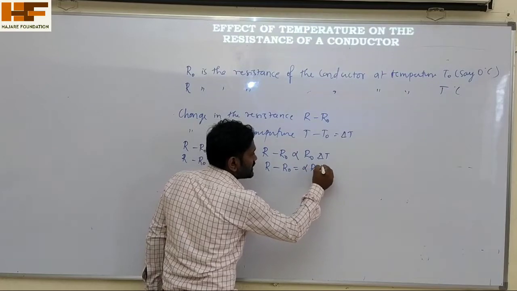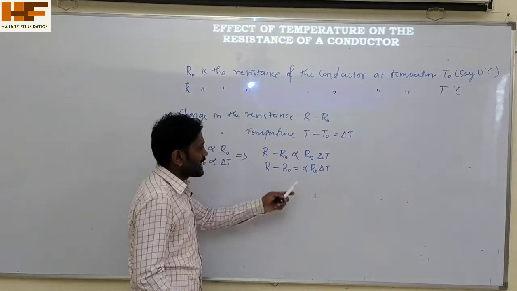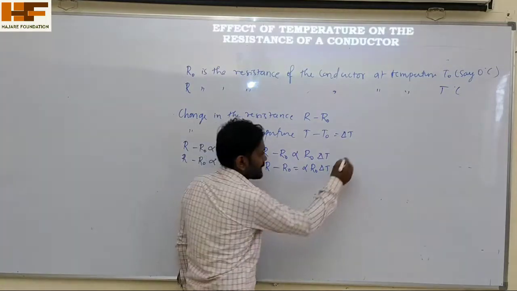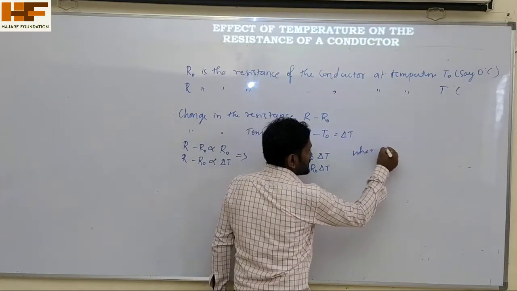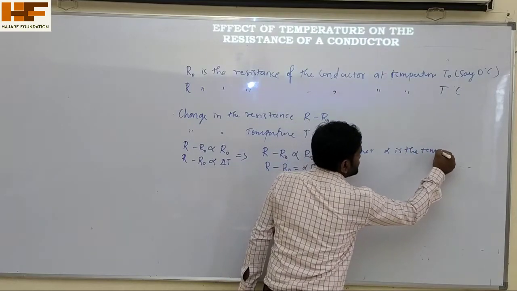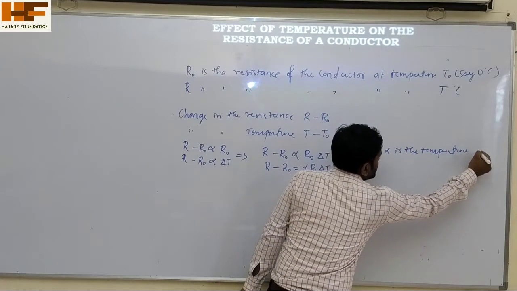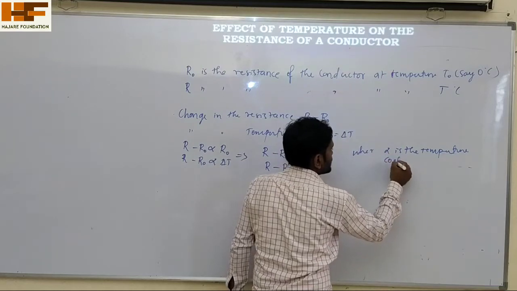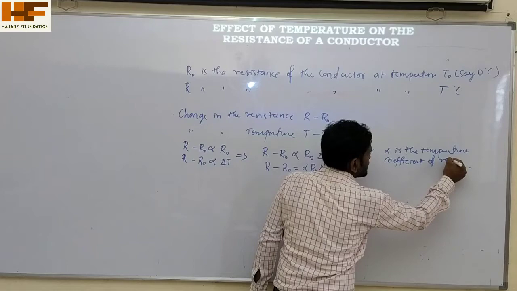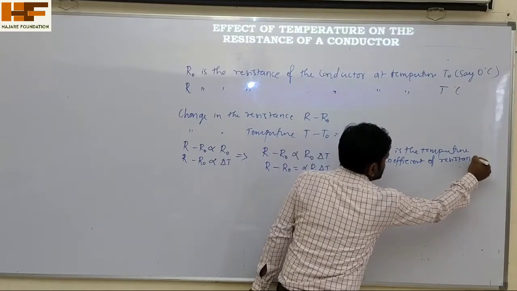We can write R minus R naught is equal to alpha R naught into delta T, where alpha is the temperature coefficient of resistance. Okay.